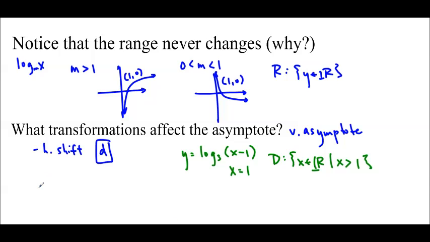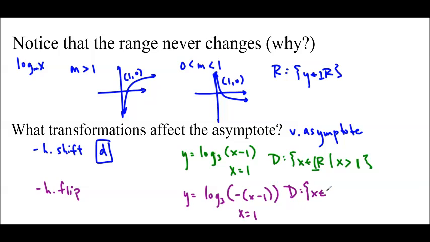If I have a horizontal flip, as in I'm flipping over the y-axis, then I do change my domain. So if I had y equals log base 3 of (negative x minus 1), my vertical asymptote is still x equals 1, but my domain now becomes x in R, such that x is less than 1. And we should know what the range and the domain are by just looking at the equation.